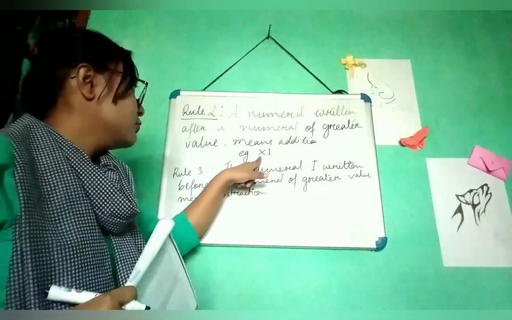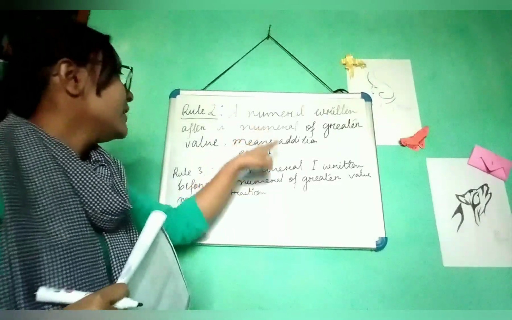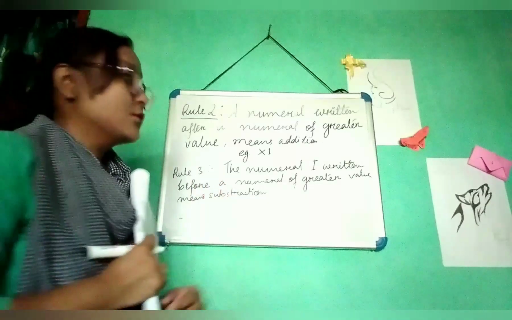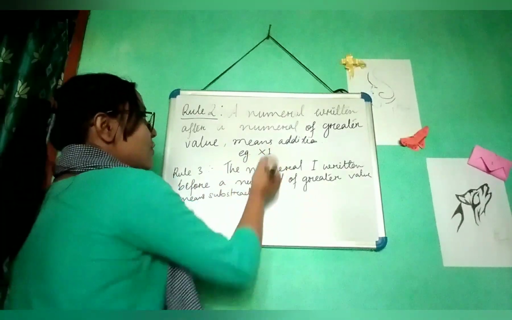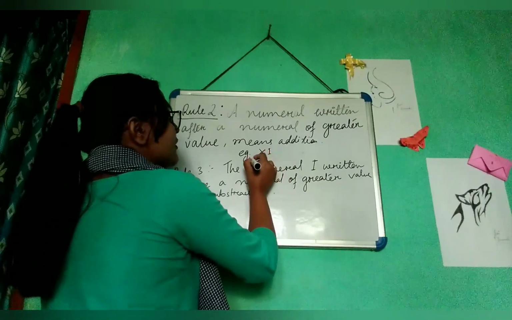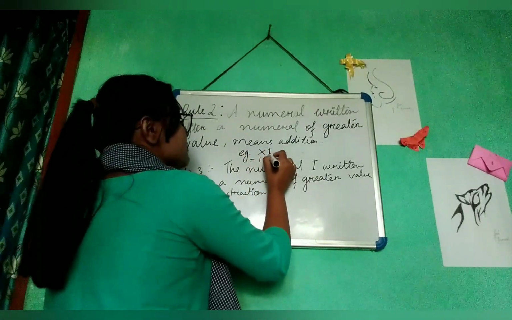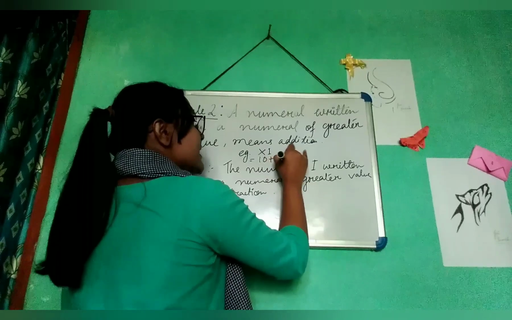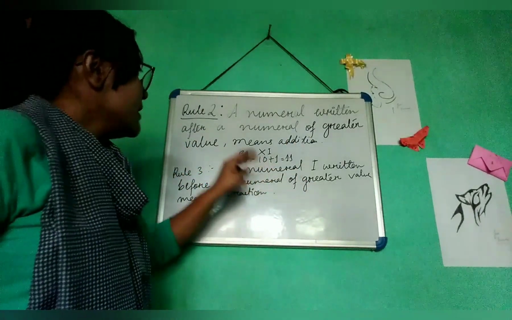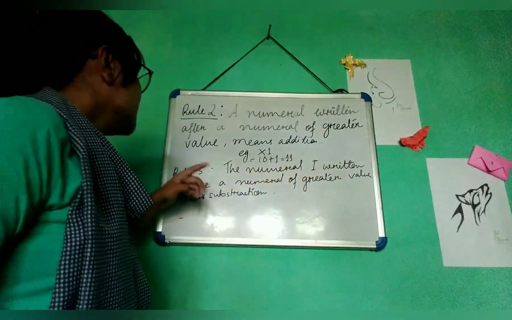After the greater value, if a smaller number is there, that means addition. So XI is after a greater number, so it will be 10 plus 1, which means 11.